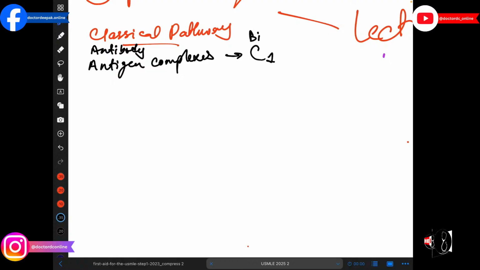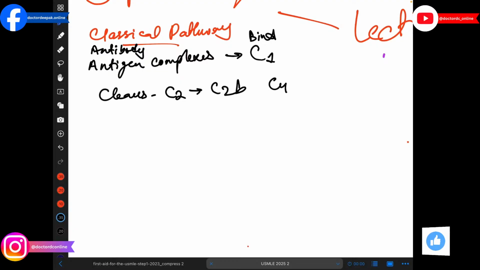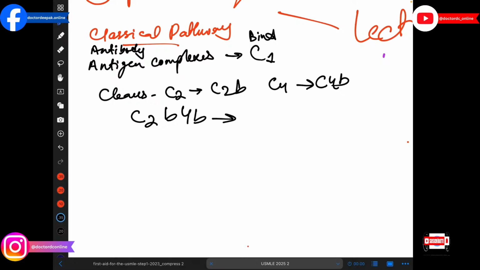After binding C1, they will also cleave C2 into C2b and C4 into C4b, and the same thing will happen. The C2b and C4b will activate and make C3 convertase.